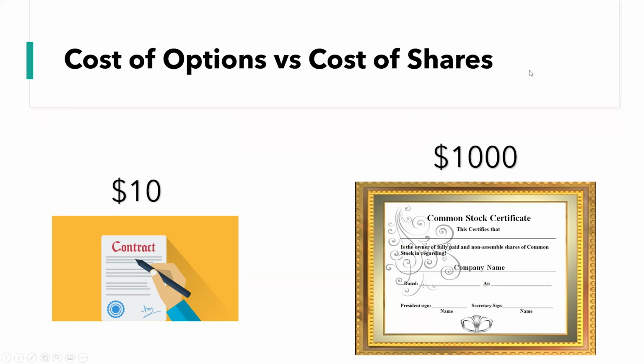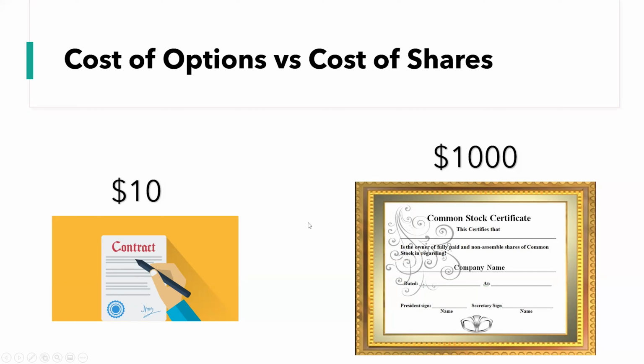If you were to purchase 100 shares from the market, and one share costs about $10 for now, you will need to incur $1,000 to purchase 100 shares. However, to purchase the contract that controls 100 shares, you only need to pay $10, for example.